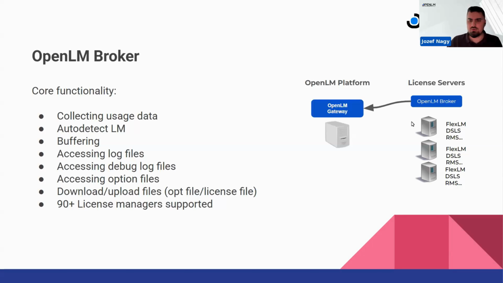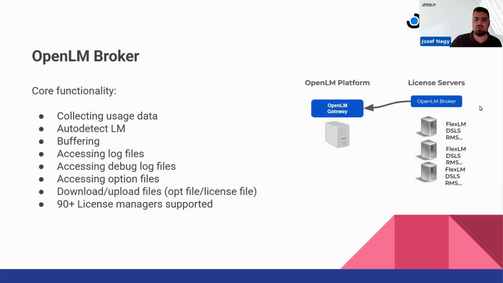It will scan for port usage, if you have any installations, for example DSLS, FlexLM, and so on, and then it will try to set up everything on its own to collect the data for OpenLM. In case some license managers are not found or are not correctly set up, we have our documentation page with all the guides on how to manually set up the license manager.